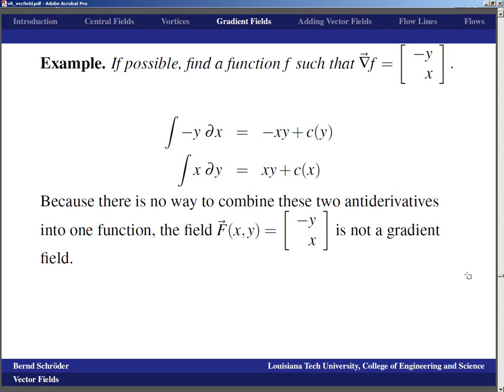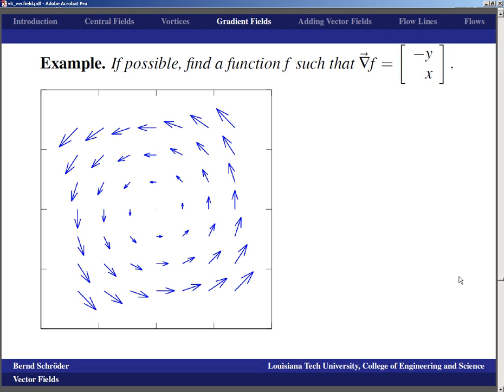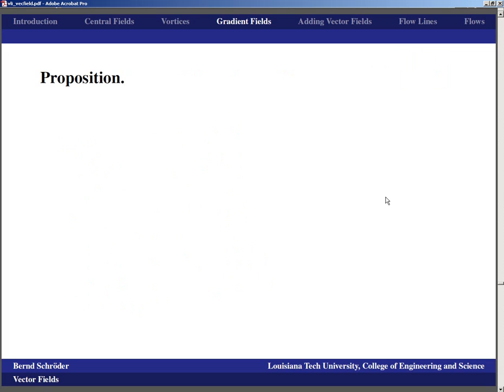So that means that vortices are not gradient fields, and that is something we will also talk about from a physical point of view, because if you travel around a vortex, you can pick up energy from the vortex, and that does not happen in a gradient field. That is something we will see in the presentation after the next one, because we will need the fundamental theorem for line integrals for that.